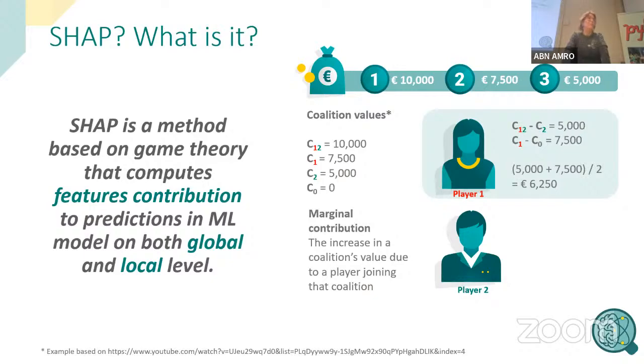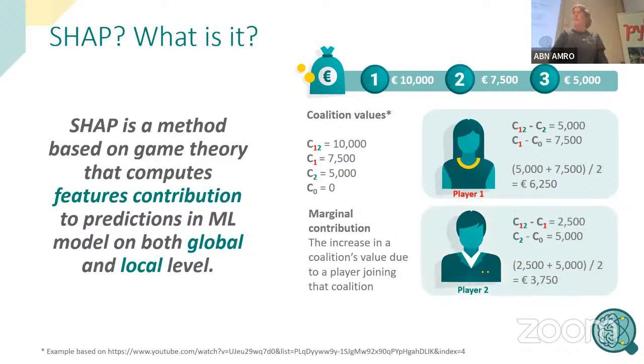We can do a similar computation for player 2. What you can see from this is that it adds up to the 10,000 euros: 6,250 and 3,750 euros. So now you know how to divide the prize money, and these expected marginal contributions are the SHAP values.